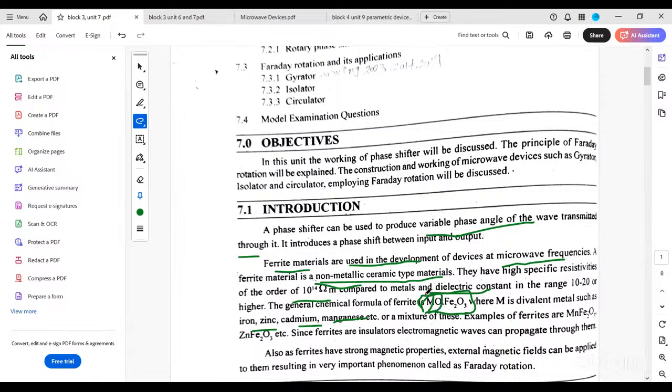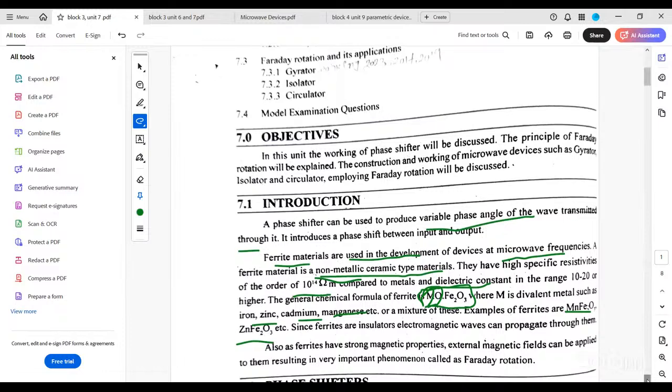In place of the metal oxide, I am using Mn, manganese Fe2O3 ferrite. Another option is zinc ferrite. The final conclusion is that from input to output, in the middle, I am using ferrite material. The formula of ferrite material is MO Fe2O3. Examples are Mn Fe2O3 and Zn Fe2O3.